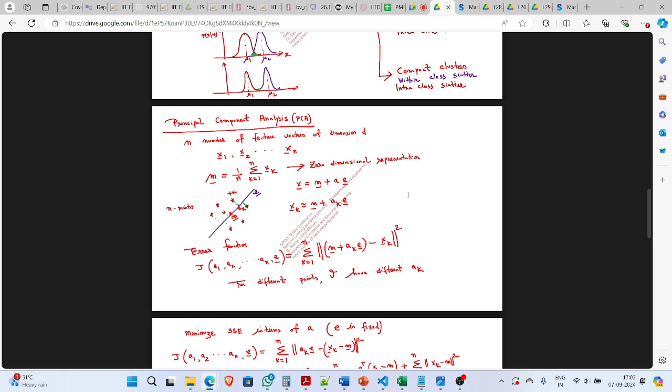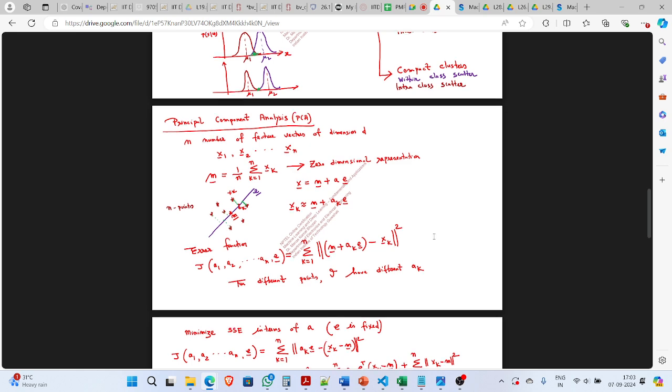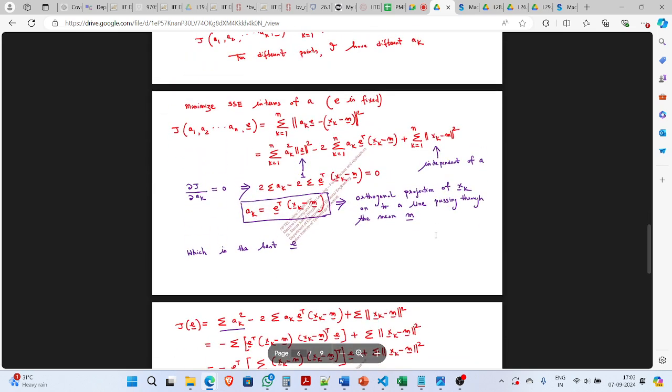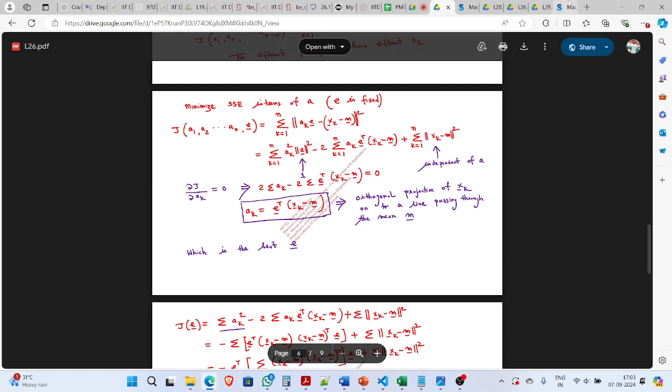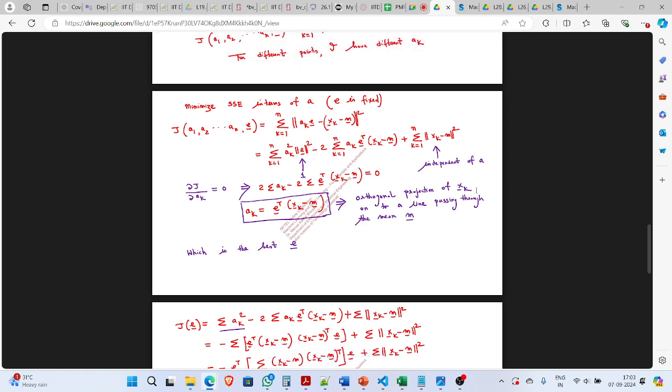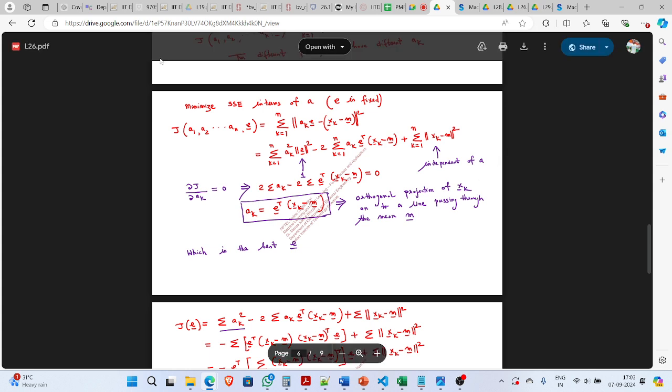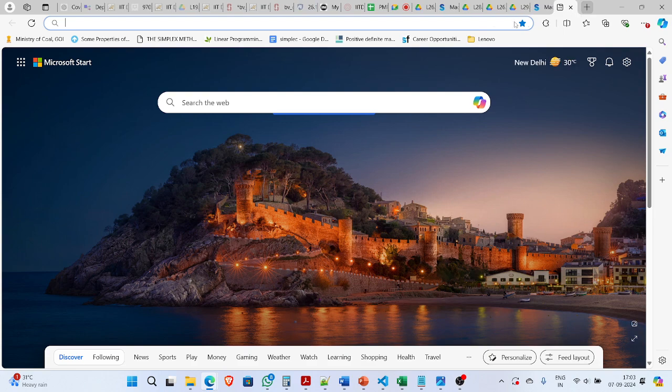Do not compute the principal component for each sample, that is what they have shown here. So let's check.